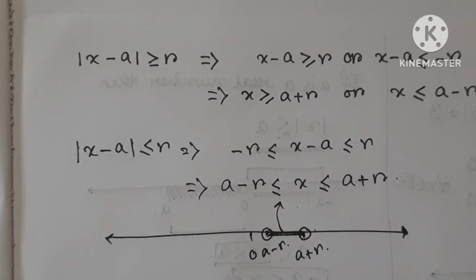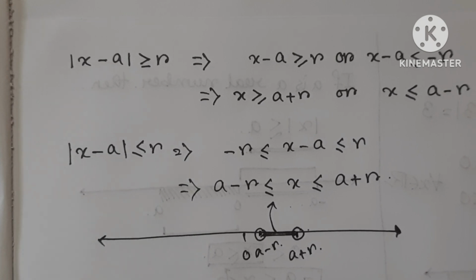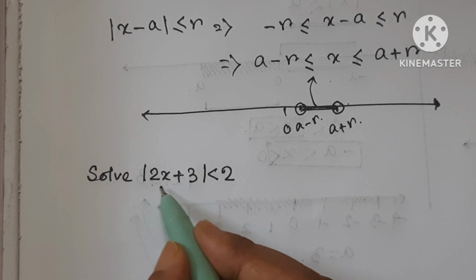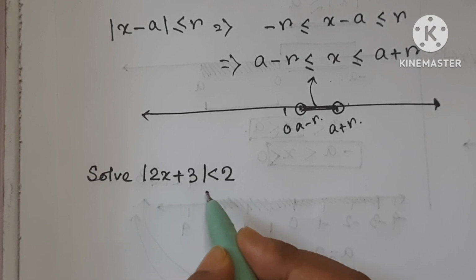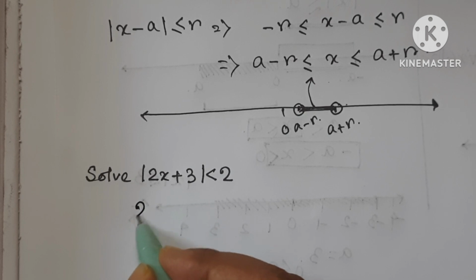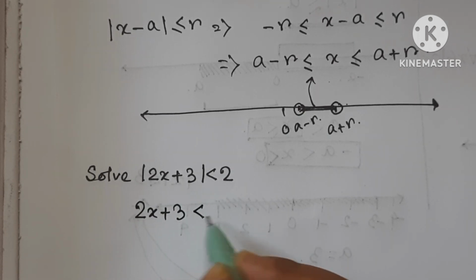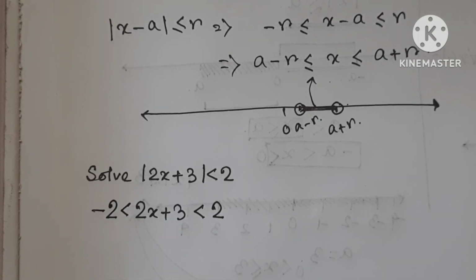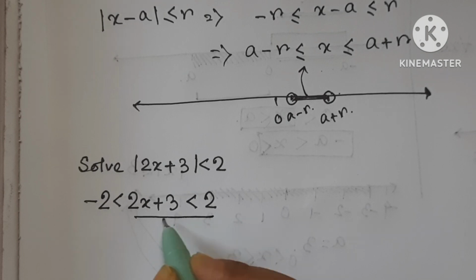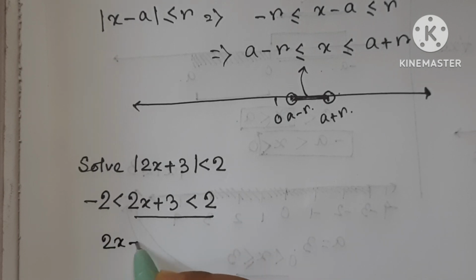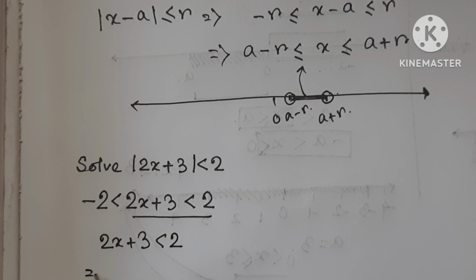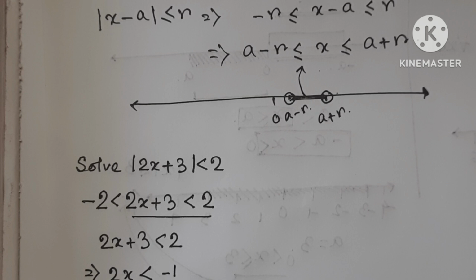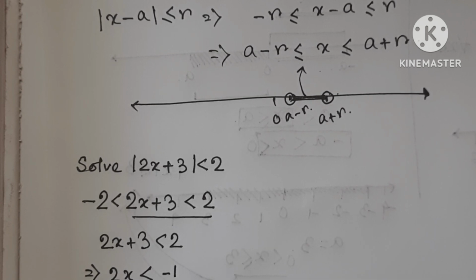Okay. Now with the help of this result, we are going to solve some problems. So here I am going to solve this question. See, mod of 2x plus 3 is less than 2. Now you can write it in this way. If you consider this portion, 2x plus 3 is less than 2, that implies 2x is less than minus 1, that implies x is less than minus 1 by 2.